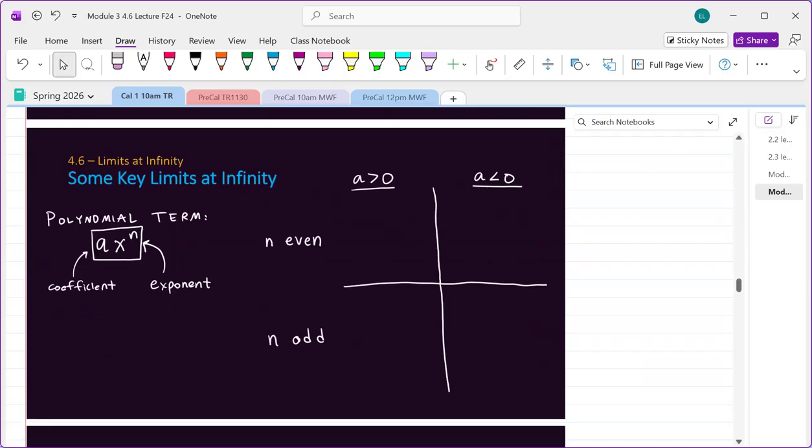Now for polynomials, when I have ax to the n, and this is my biggest power term.